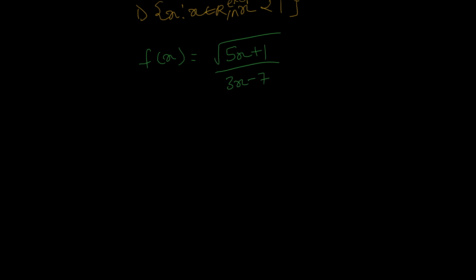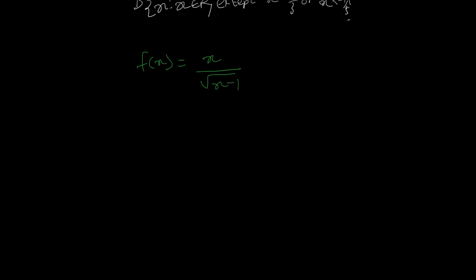You get something like the domain x such that x is a member of all real numbers except x is equal to 7 over 3 or x less than negative 1 over 5. You should get something like this.